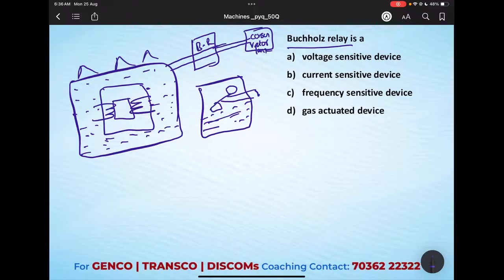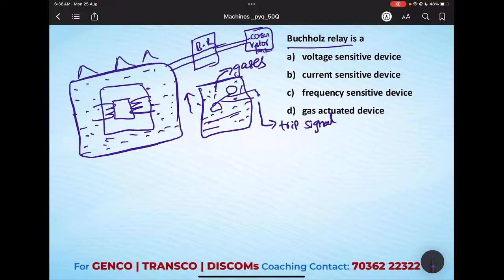When more gases come, the oil quantity will reduce and it will be completely occupied by the gases. All of a sudden these gases will lift the float like this. Whenever the float moves up, it will make the contact and send the trip signal. This is the operating principle of the Buchholz relay.